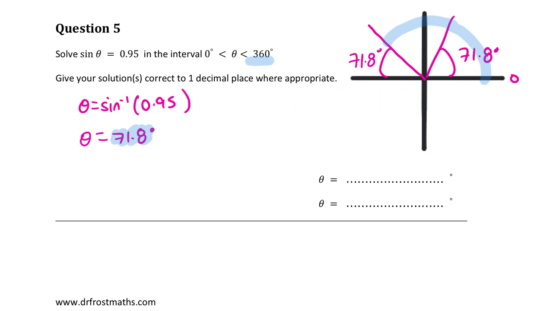So we're going to have 180 minus 71.8, which gives us 108.2 degrees. And then I carry on round here, 270. I'm going to stop here. I'm not going to go any further because my interval is at 360. So my 2 solutions are 71.8 degrees and 108.2 degrees.